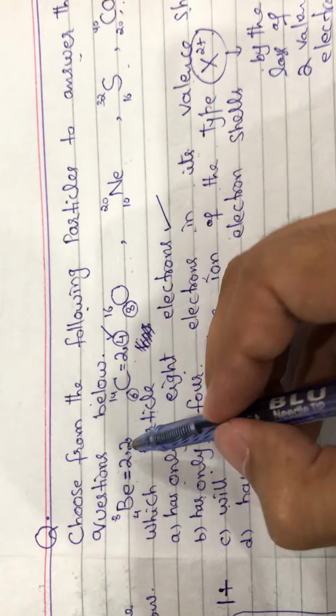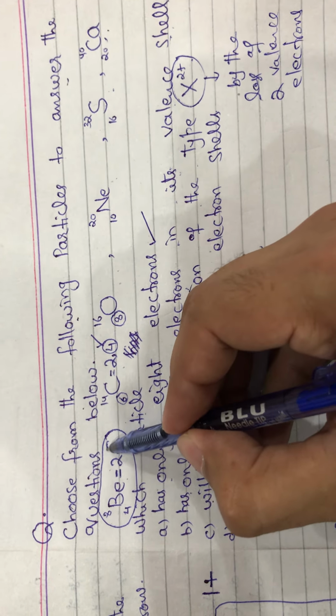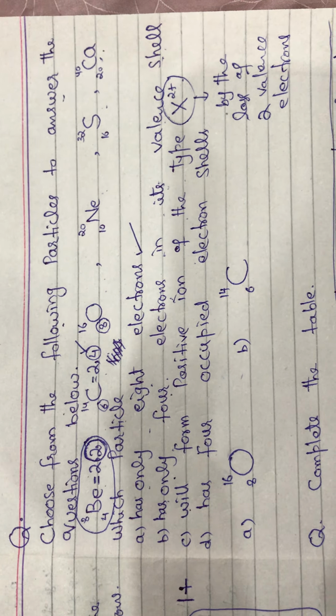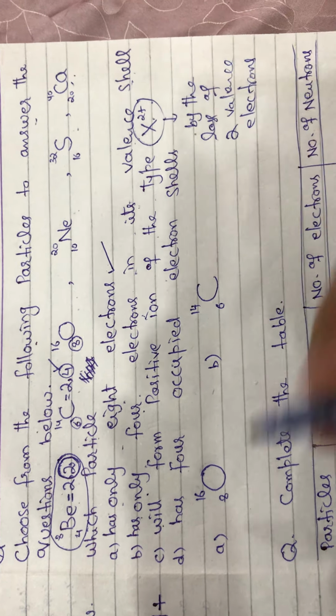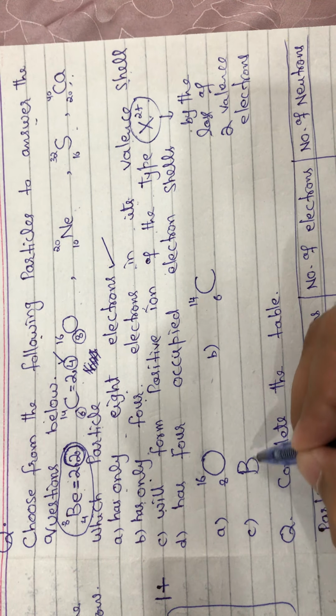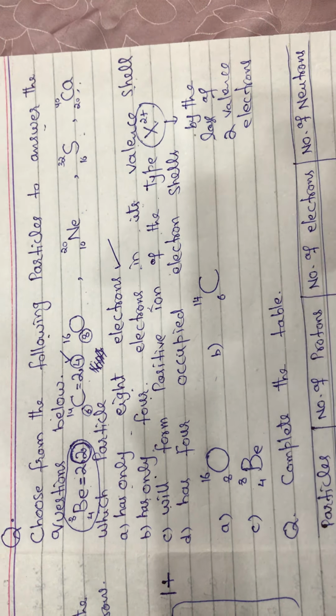Looking over here, beryllium has 2 valence electrons, so it will lose 2 electrons to form an ion of the type X2 positive. So what would be the answer of the C part? It is our first choice, that is 4 into 8.